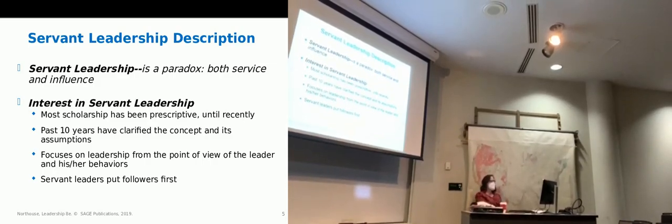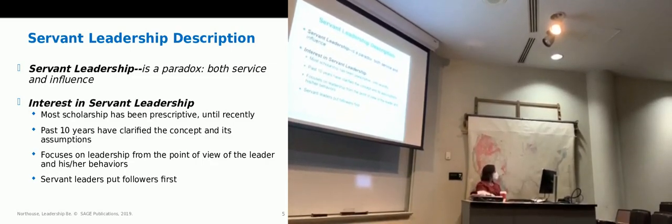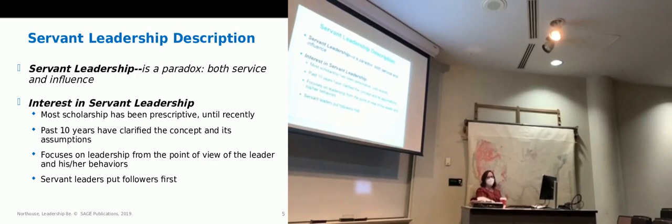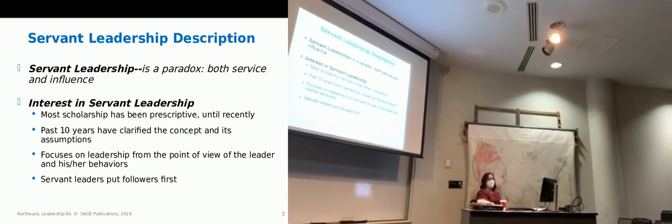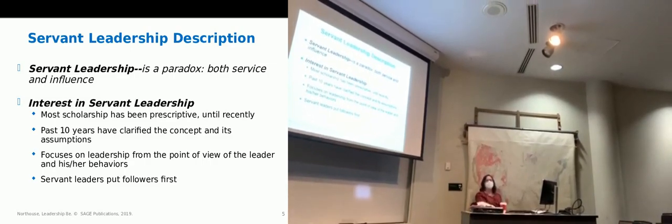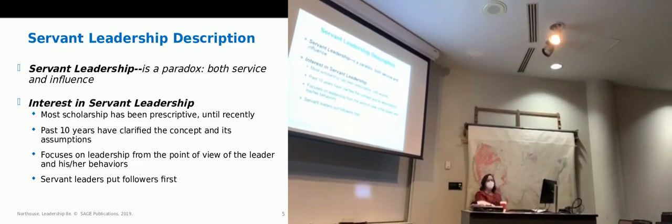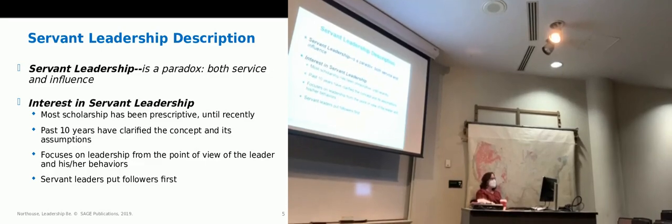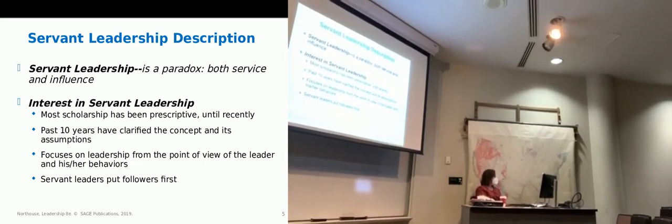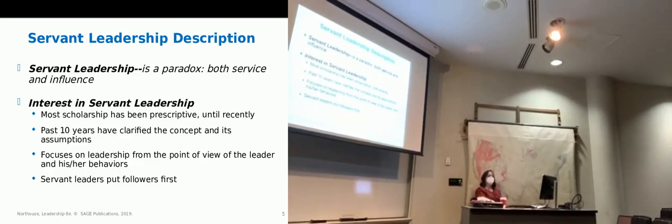You can either do what's best for you, what's best for most, or best for others. Which one is all about what's best for others? Altruism. So servant leadership is rooted in altruism as an ethical theory. This idea that servant leadership is going to put what's best for everyone else in front of what the leader wants.